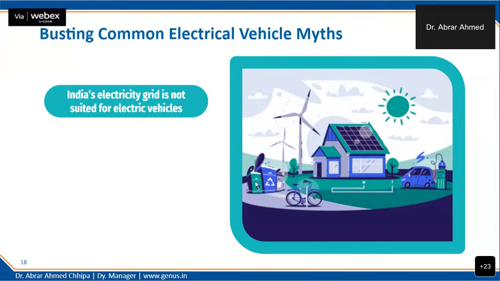As the share of renewable energy increases and the dependency on coal decreases, the overall emission of electric vehicles will also decrease further, as the government is promoting the installation of renewable energy sources like wind and solar energy. India has great potential to produce energy from renewable sources.